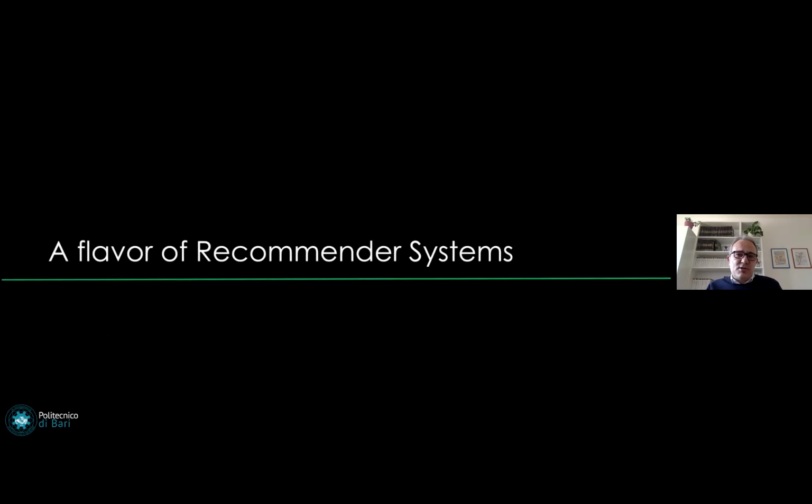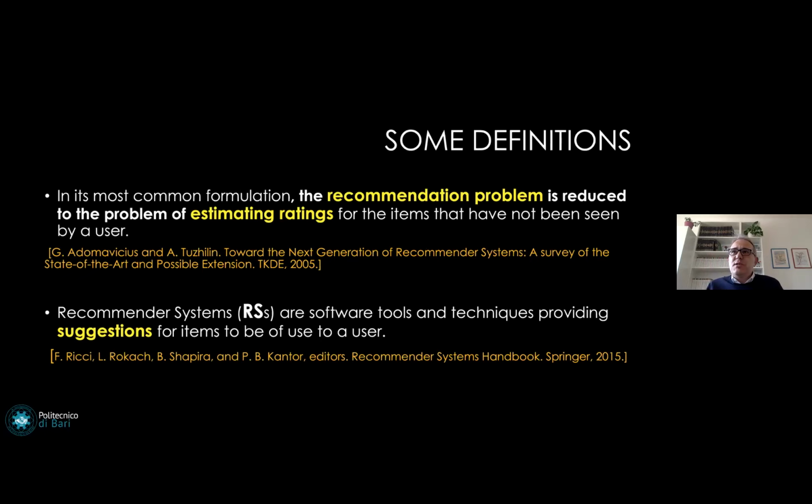So let's start with just a little information on recommender systems, to frame the topic. We start with two definitions. The first is mainly related to rating estimation. The recommendation problem here is reduced to estimating ratings for the items that have not been seen by a user.